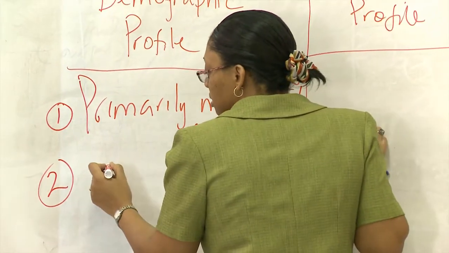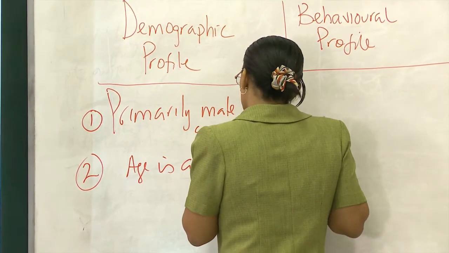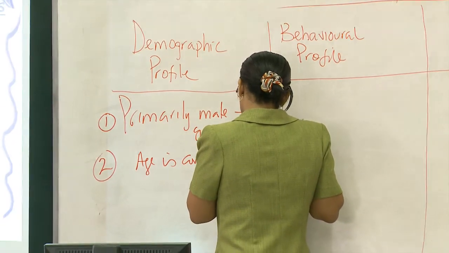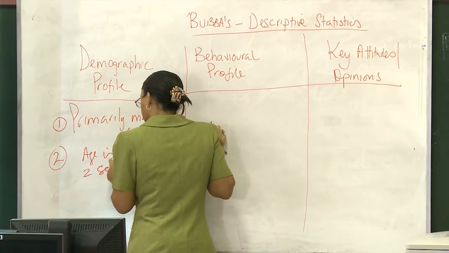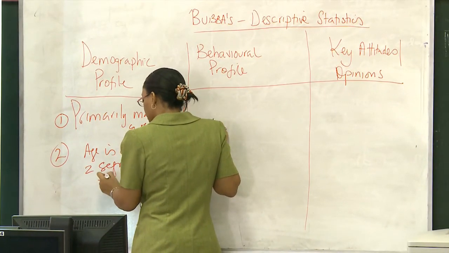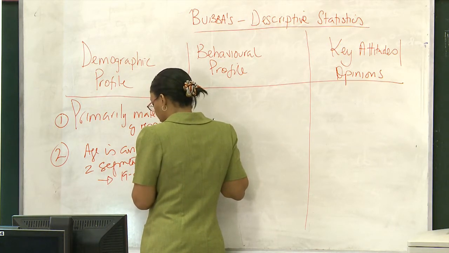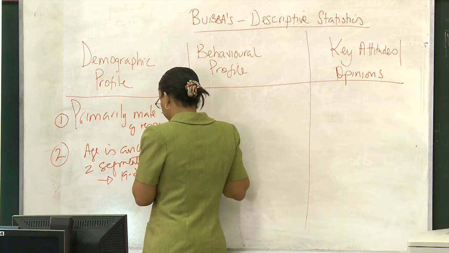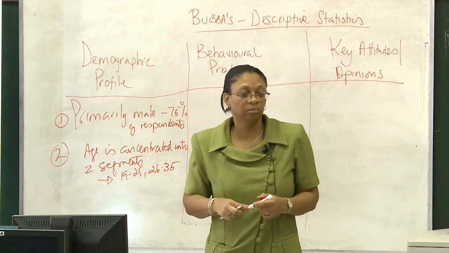The age is concentrated in 2 segments, right? All right, the first one is what? 19 to 25 and... Bubba's is not attracting the older crowd.